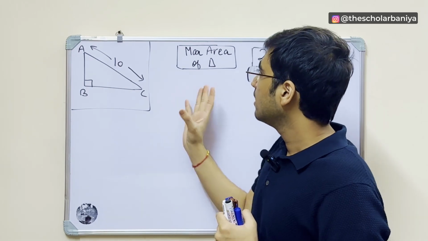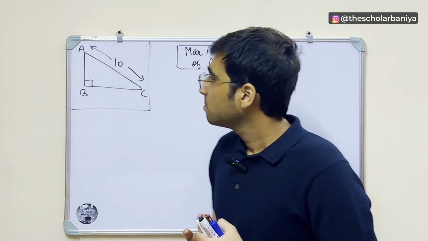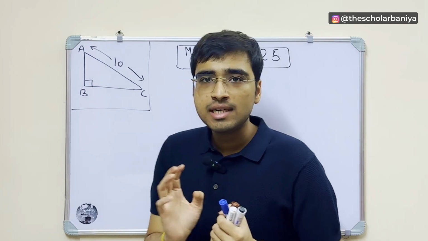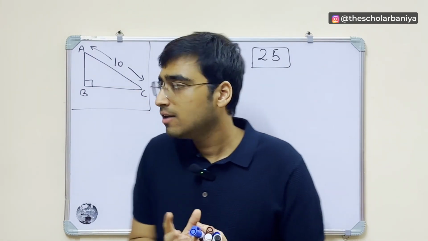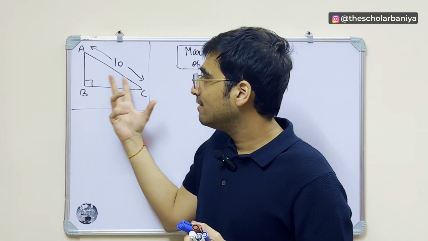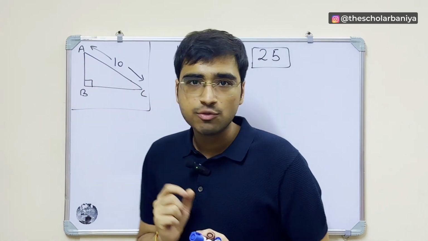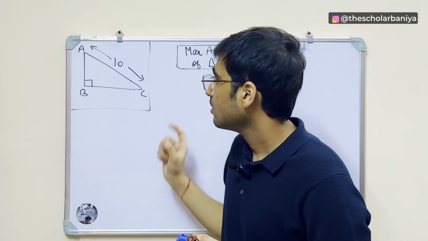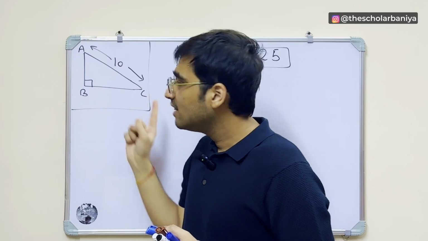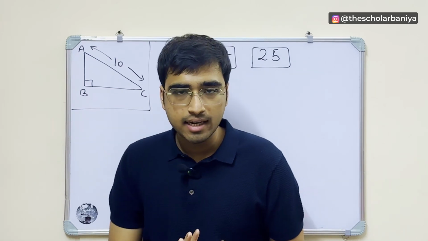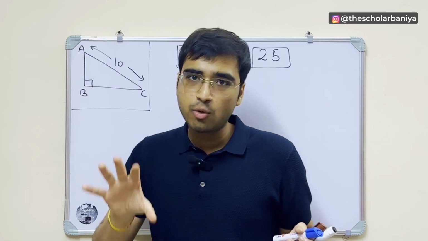Now we have to find the maximum area of this triangle. So anybody would say that, okay, let's try to assume it is an equilateral triangle. But we cannot assume this to be an equilateral triangle because there is a hypotenuse involved in this. So that means the AB side and the BC side both will be less than 10, because we know in a right angle triangle, the hypotenuse is the longest side.